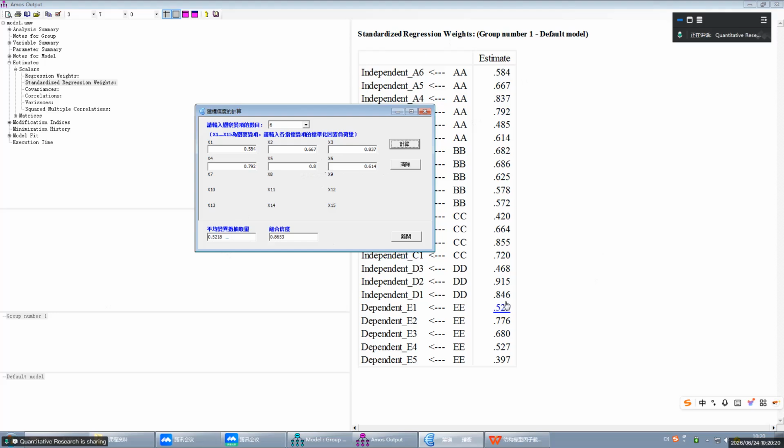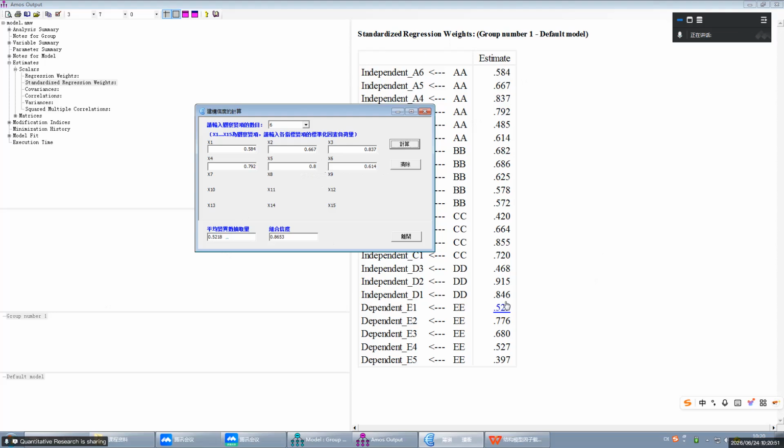Square roots of AVE should be larger than intercorrelations.